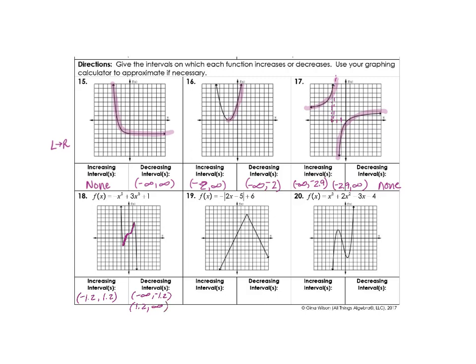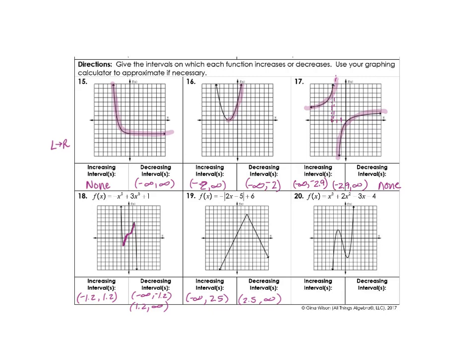Okay, our next problem looks like increasing is going to be from negative infinity to about 2.5, decreasing 2.5 to positive infinity. And then our last problem, this one's got all kinds of twists and turns in it.